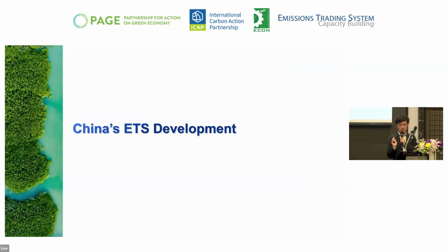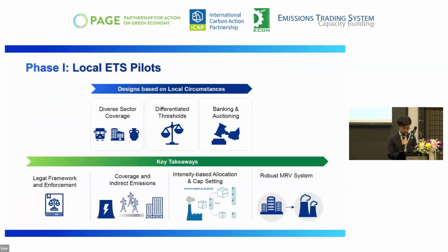So let's see a little more detail on the ETS. Like I said, there was a major dual-track development of the two markets. Regarding the compliance market, it started from the pilot phase.